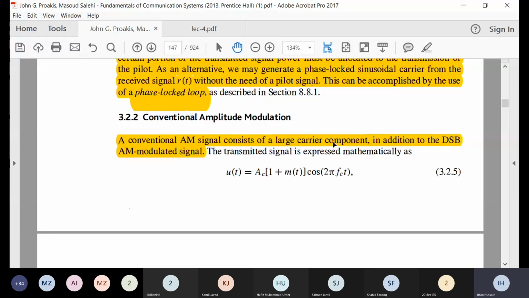In addition to the DSB signal, you have a very large carrier component, not a small or zero carrier, which is also very large in comparison to your modulated signal. That is why it is a different type of amplitude modulation. It is called conventional amplitude modulation or simply double sideband AM, double sideband AM without any suppressed carrier. Normally it is called conventional to tell us that it has a very large carrier.